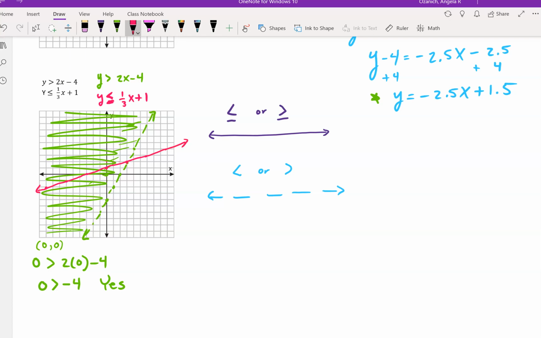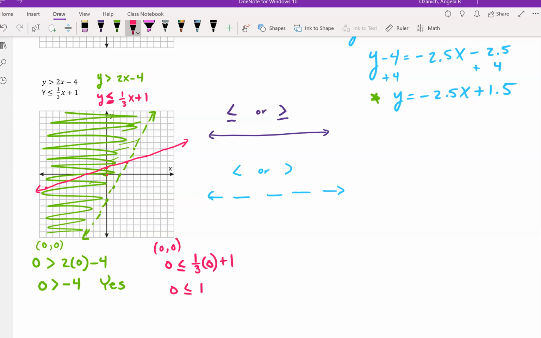Okay. And here's the point 0, 0, so I'm going to go ahead and test 0, 0 and see which way we have to shade. So let's try it. Is 0 less than or equal to 1/3 times 0 plus 1? Well, we know anything times 0 is just going to be 0, so is 0 less than or equal to 1?